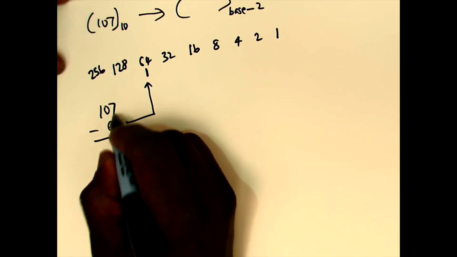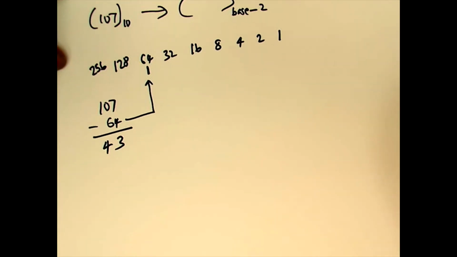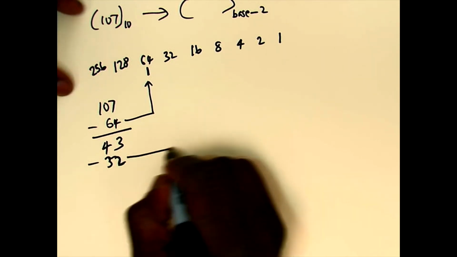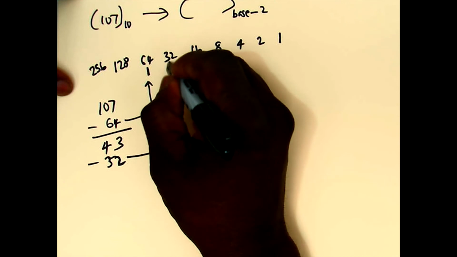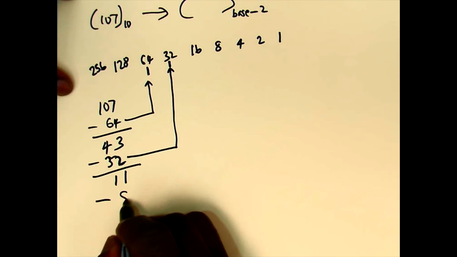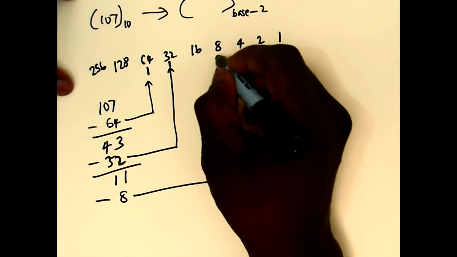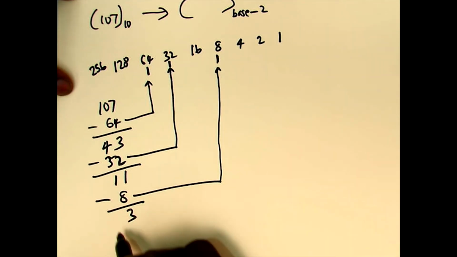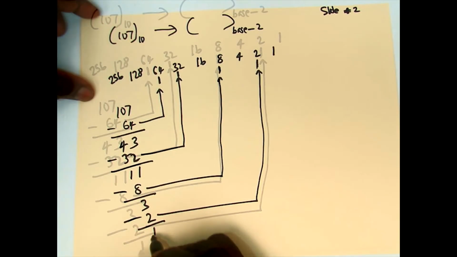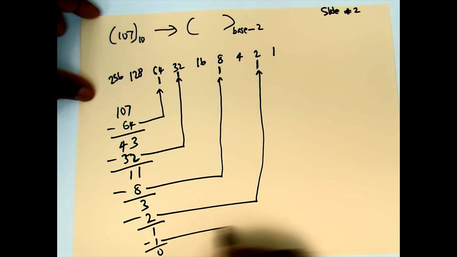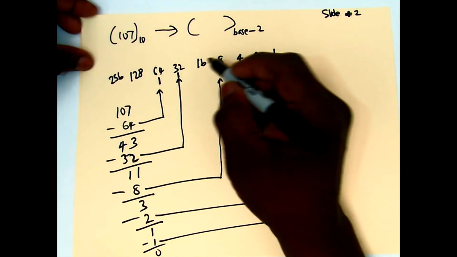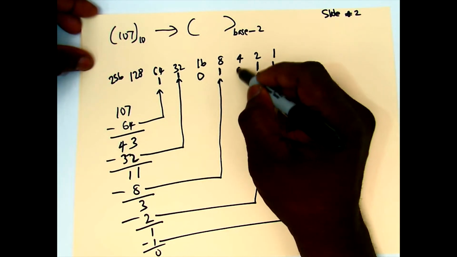What do we have left? We have 43. Then we subtract 32, so we put 1 under 32. We have 11. Then we subtract 8. Until we reduce it to 0, we're going to keep doing this. We have 3, then we use 2. Then we have 1. So we have reduced it to 0 now, and we have used all these numbers. The ones that we skip, we write 0 under them.